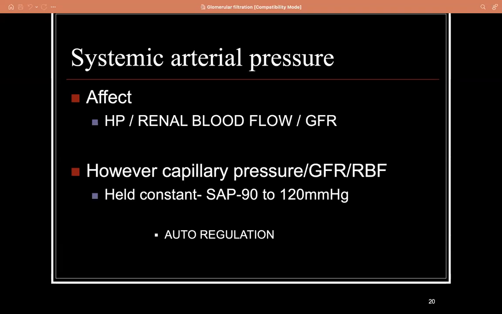So if you don't supply blood to the kidney cells, glomerular and tubular cells, for a long time, they respire anaerobically. If you don't restore oxygen supply for a long time, the cells die. And when they die, they go through what we refer to as renal tubular necrosis.